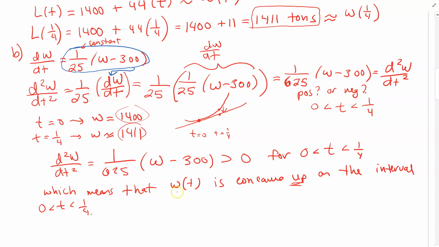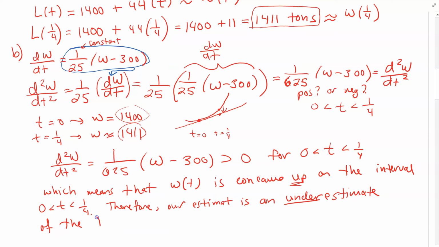Since this means that w is concave up, therefore our estimate is an underestimate of the true value of w of 1/4. So there would actually be even more waste than 1411 tons at that time.